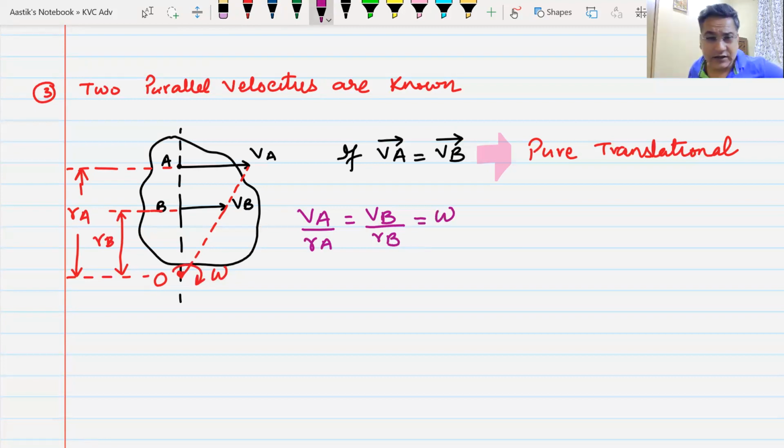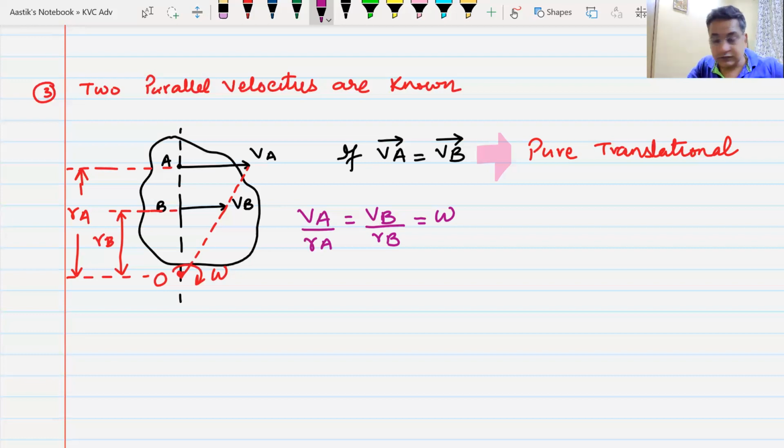Or you can write VA as RA multiplied by omega, and VB as RB multiplied by omega. It is very simple to see, yes or no, that you can find out the velocities in this way. You can find out the instantaneous center of rotation. Once you understand the instantaneous center of rotation, everything becomes very simple. Yes or no?